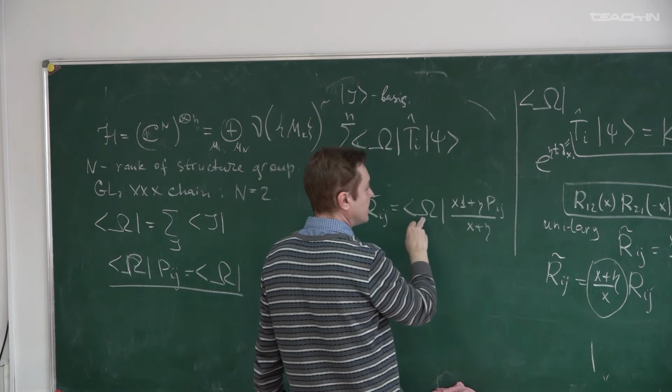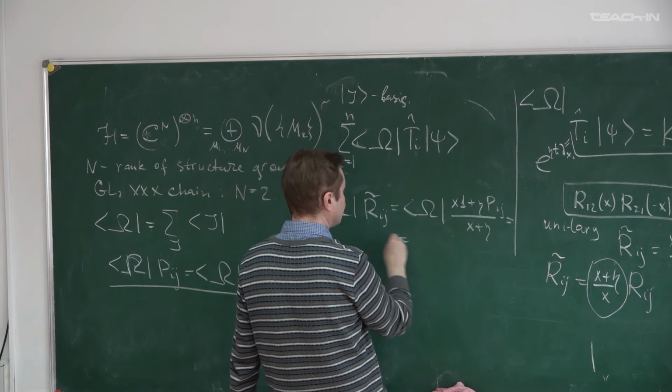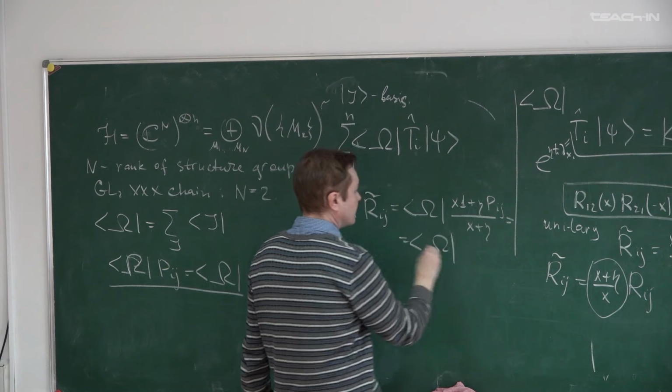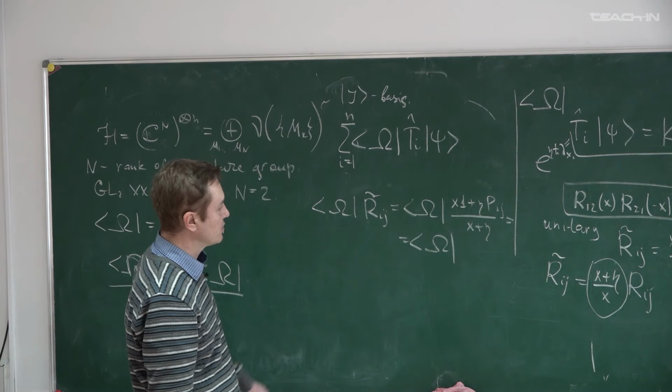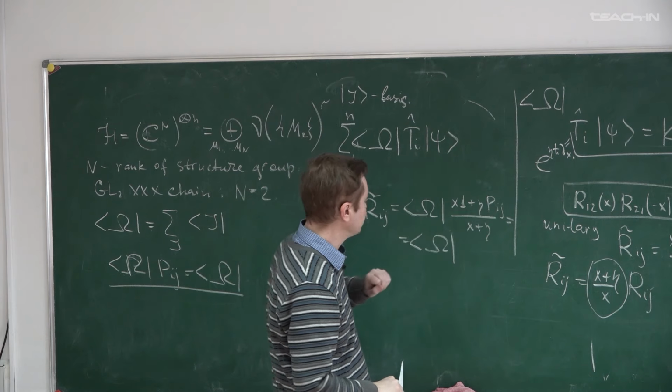This pi ij acts by 1. Then the action of this R matrix is also by 1, because you just substitute 1 instead of this permutation operator.